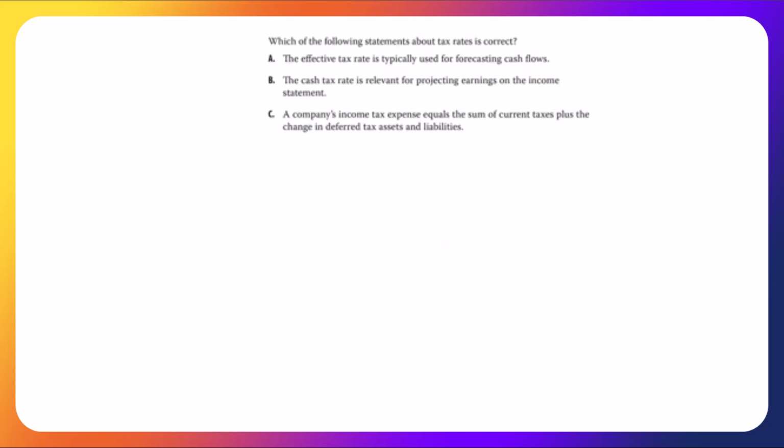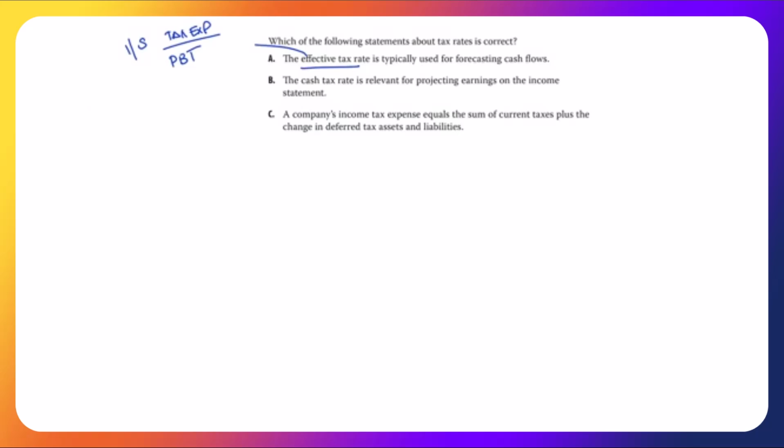Which of the following statements about tax rates is correct? The effective tax rate, so our effective tax rate, the tax expense in the income statement, divided by your profit before tax, is typically used for forecasting cash flows. No, not really, because this is the income statement.